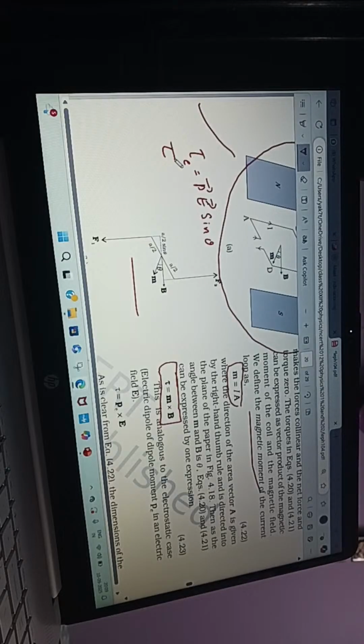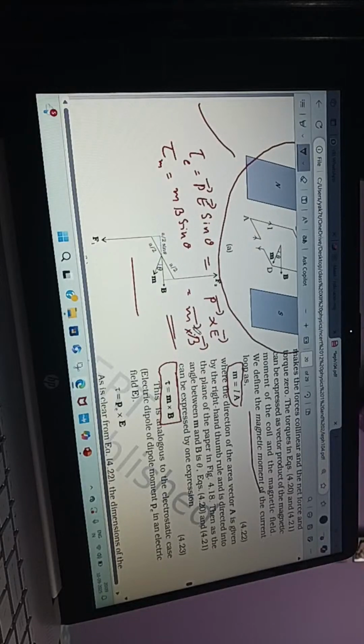Torque in magnetism is M B sin theta. Here this will become P cross E. Here it is given M cross B. M cross B, cross product.